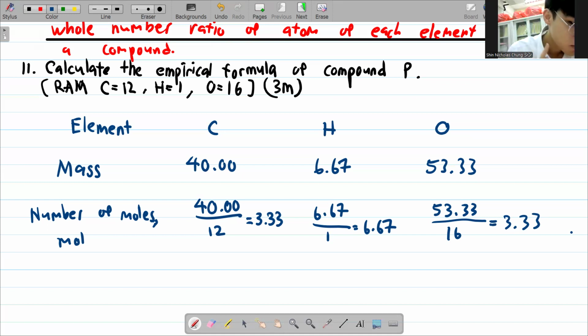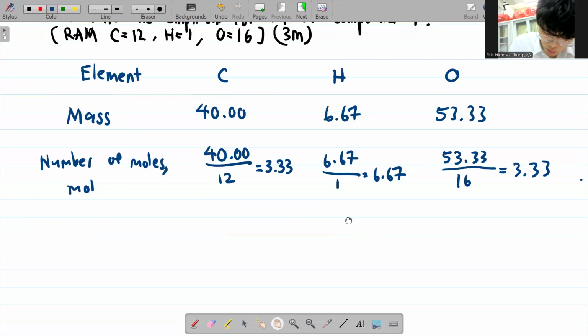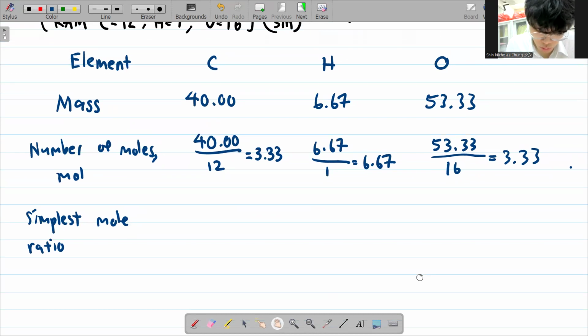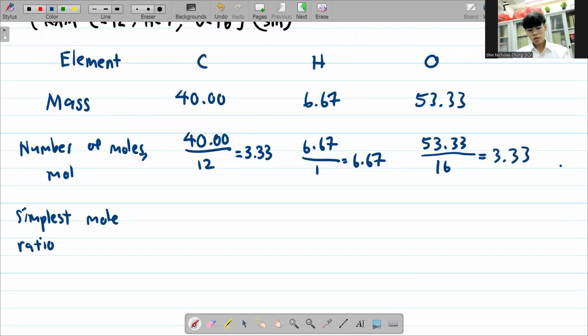Our simplest mole ratio. This is very important for you to find out your empirical formula. So let's write down first, simplest mole ratio.